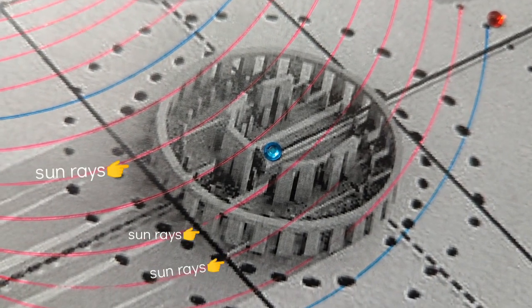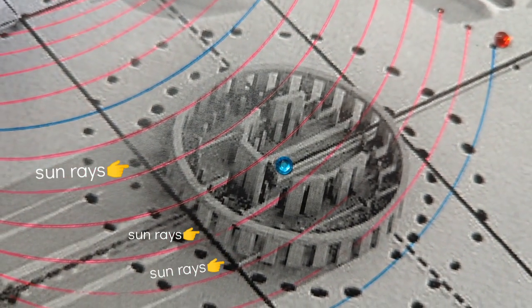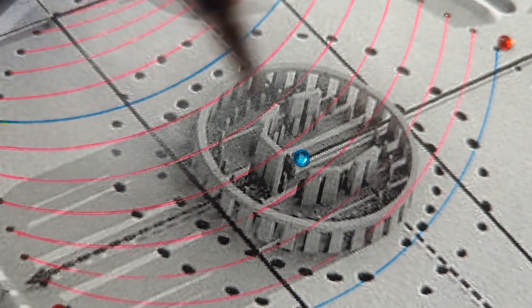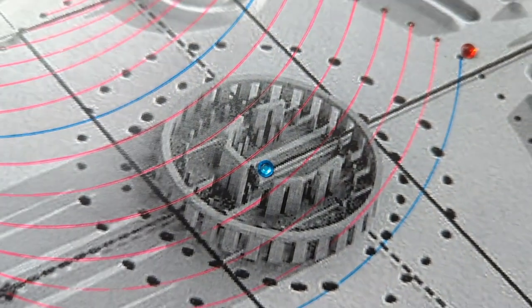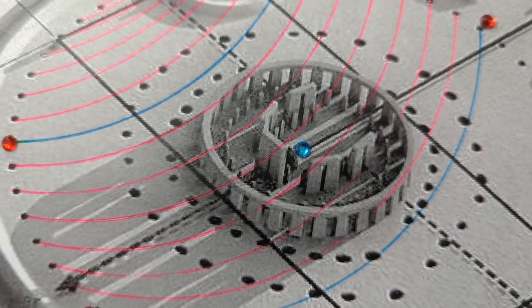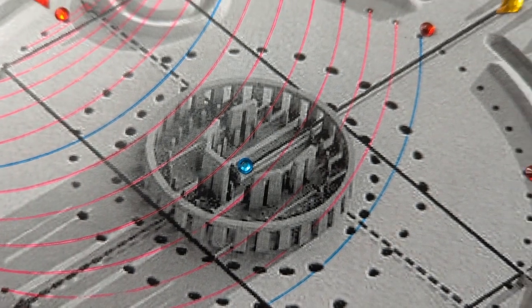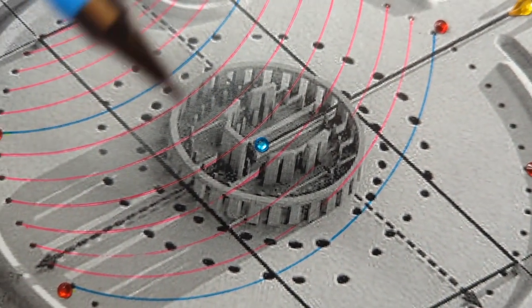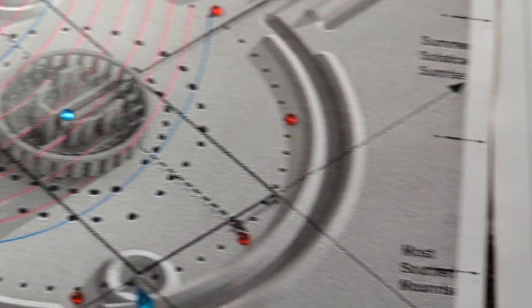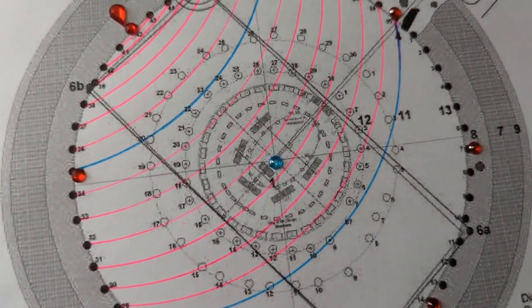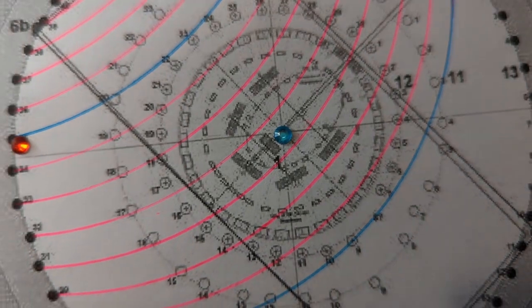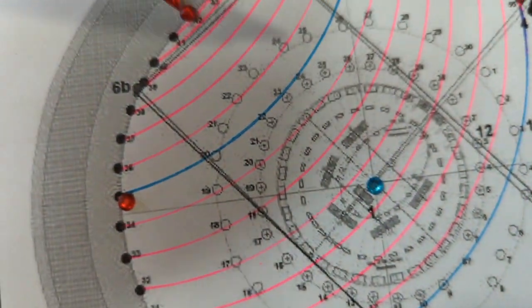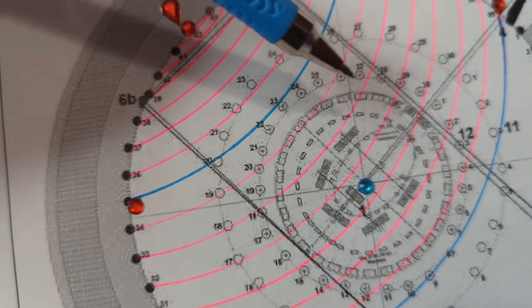If you notice inside how it looks as though these lines are passing through there, that would be an indication of the sun's rays as they pass through. So you can see how symmetrical it actually is. And if you look here deep into the graph, you can see certain crossings at different points.